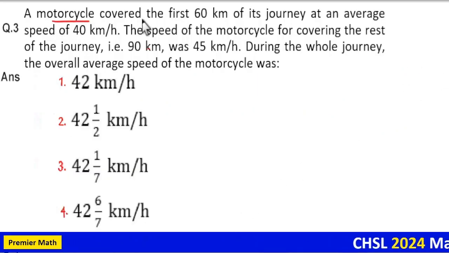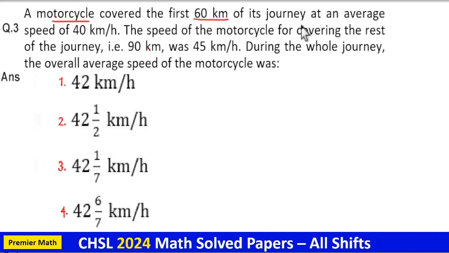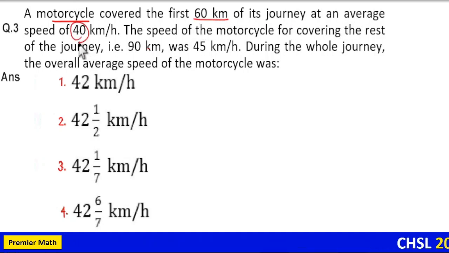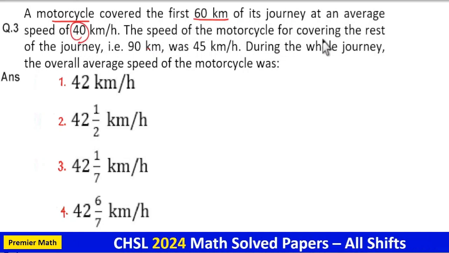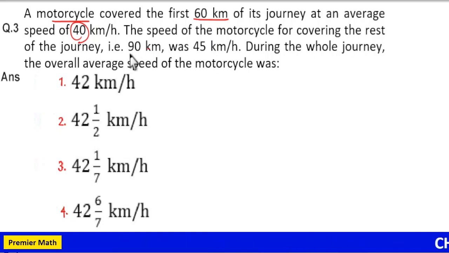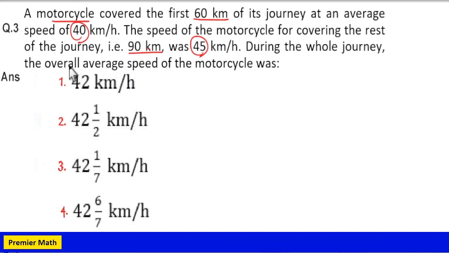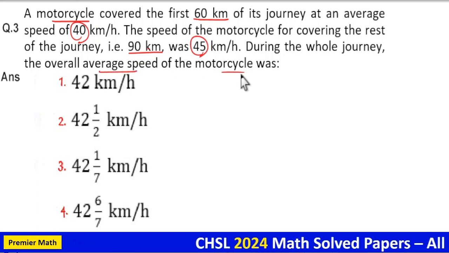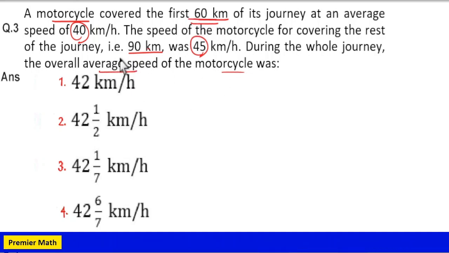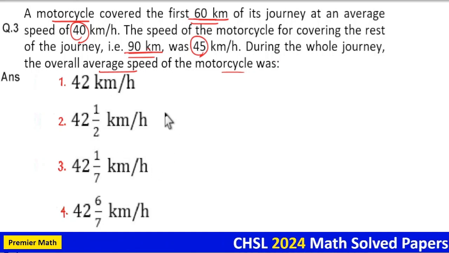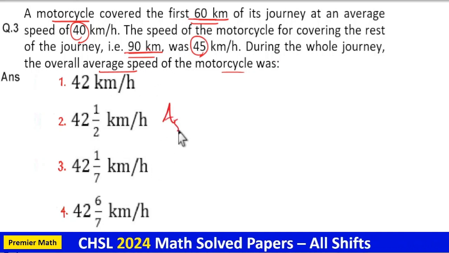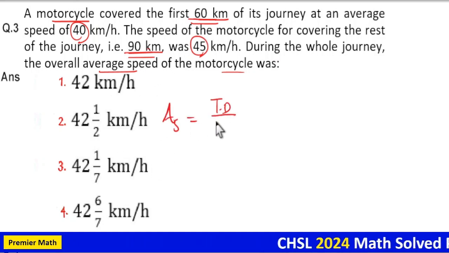A motorcycle covered the first 60 km of his journey at an average speed of 40 km per hour. The speed of the motorcycle for covering the rest of the journey, that is 90 km, was 45 km per hour. During the whole journey, what was the overall average speed of the motorcycle? Here distances are varying, that is 60 km and 90 km, which means average speed is equal to total distance by total time.